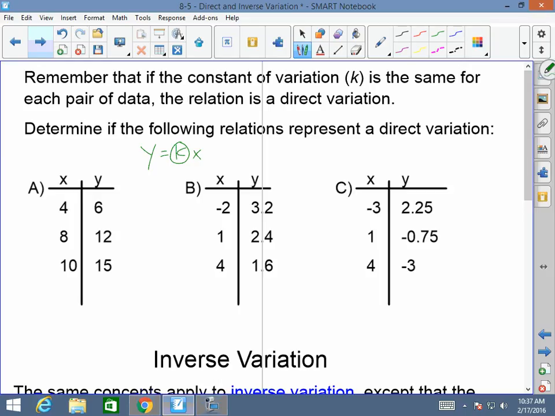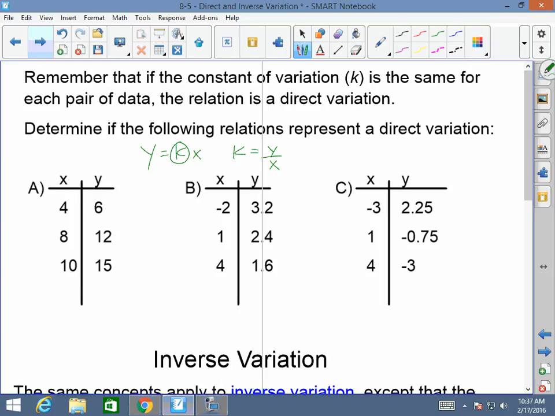So it doesn't matter how many values of x and y you have, the k is always constant. Remember that in order to find k, k equals y divided by x. Just simply solve for k. So in order to test to see if a table of values, a relation, is a direct variation, you must find the k for every x and y value. If it is constant, it's a direct variation. If it is not constant, then it is not a direct variation.